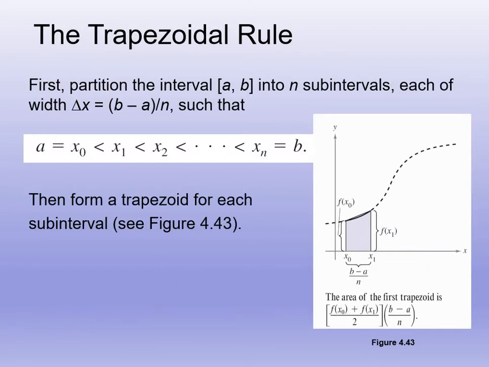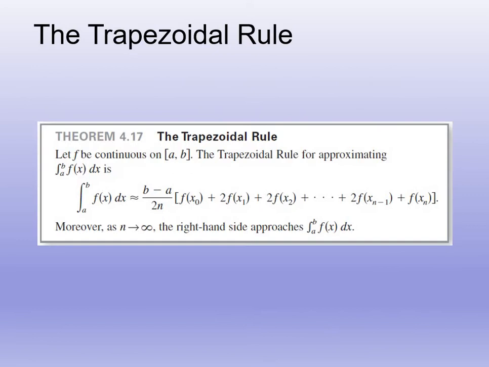So remember, you still need to understand the area of a trapezoid. The trapezoid still has base 1 plus base 2 times a half times the height. So we have to make sure that we're still using the area of a trapezoid to follow this, and then we have to do it for i trapezoids. There's going to be a general formula for finding it for multiple trapezoids, but essentially we're drawing trapezoids under the curve.